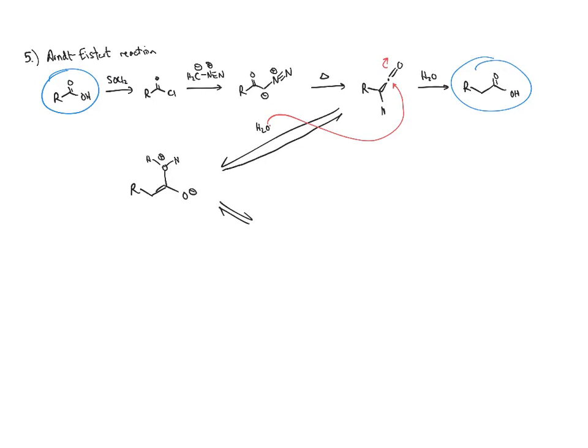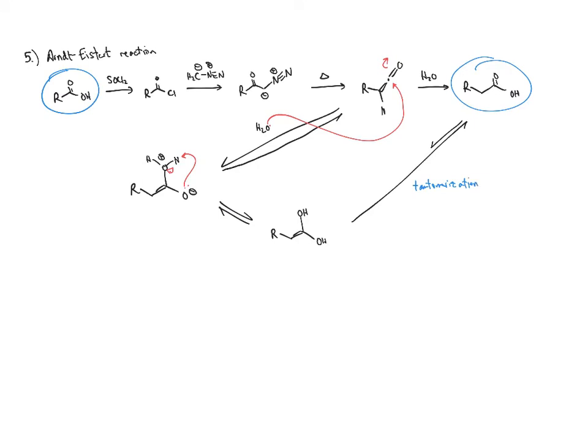This is then going to undergo a deprotonation to give us a neutral species. And this is going to tautomerize to give us ultimately the homologated carboxylic acid product.